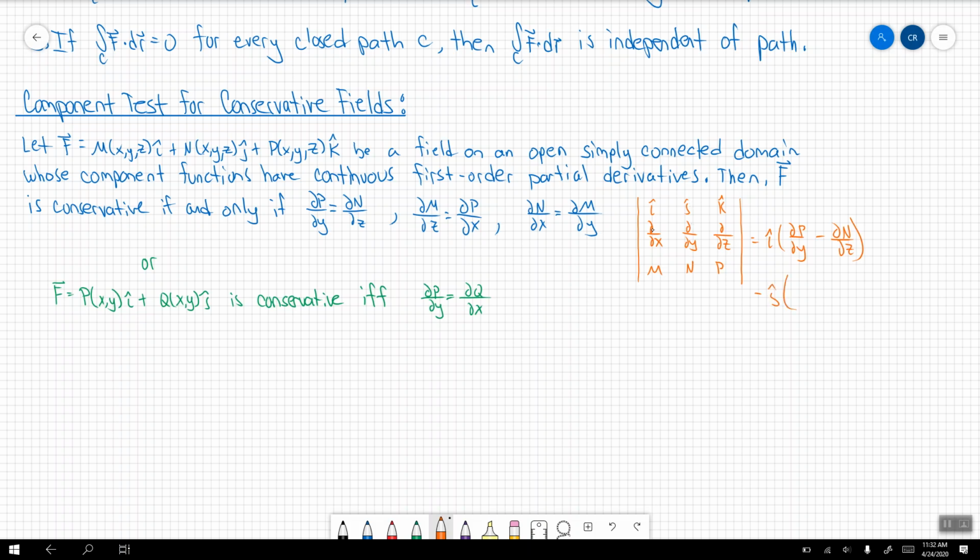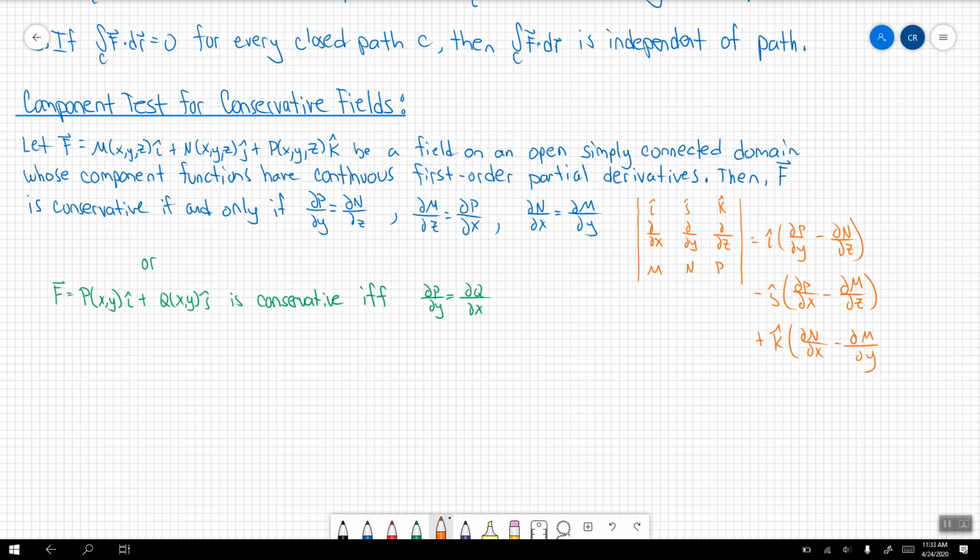The j component, that's going to be the partial of P with respect to x. There we are. Partial of P with respect to x. Minus, and again I'm doing the j component, minus the minor in here, partial of M with respect to z. And then I'm going to do the plus k component. So the k value is going to be partial of N with respect to x, minus the partial of M with respect to y.